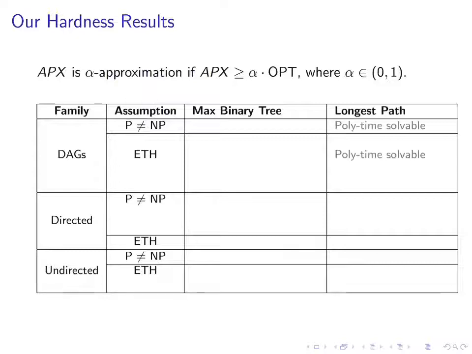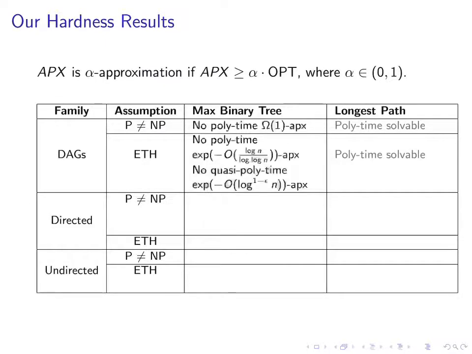It is well known that the longest path problem for DAGs is polynomial time solvable by a simple traversal according to a topological ordering. However, for DAGs, the MBT problem is actually hard. Assuming P is not NP, we prove that there is no polynomial time constant factor approximation.